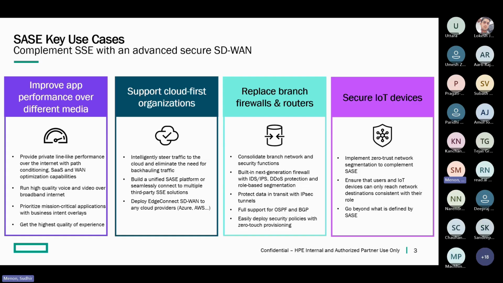Second is, of course, the operating cost, where the recurring AMCs or the recurring RMAs, etc., were being expensive for organizations, which translated to, again, the third use case, as you can see on this slide, for replacing the multiple branch equipments which are there.